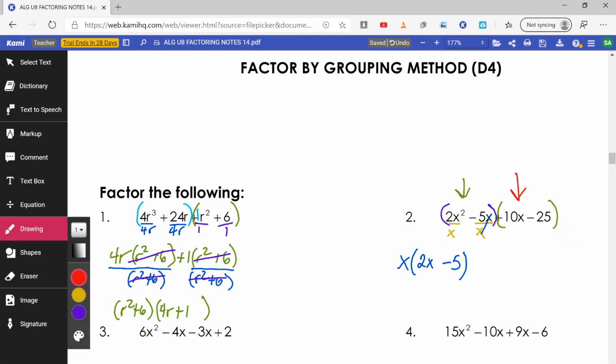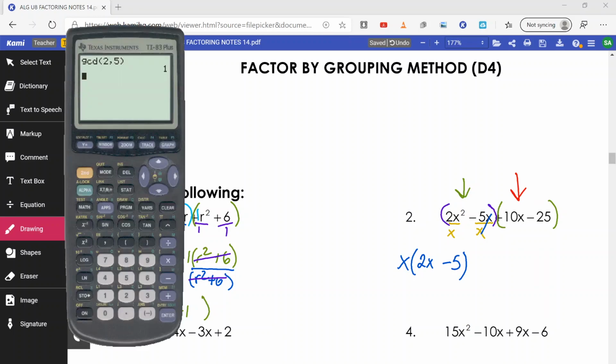Pull off the common factor between 10 and 25. So again, we can either list off the factors of 10 and 25 and see what's the biggest number they have in common, or we can just go to our GCD in our calculator and put in 10 and 25, which means I can divide off a 5.